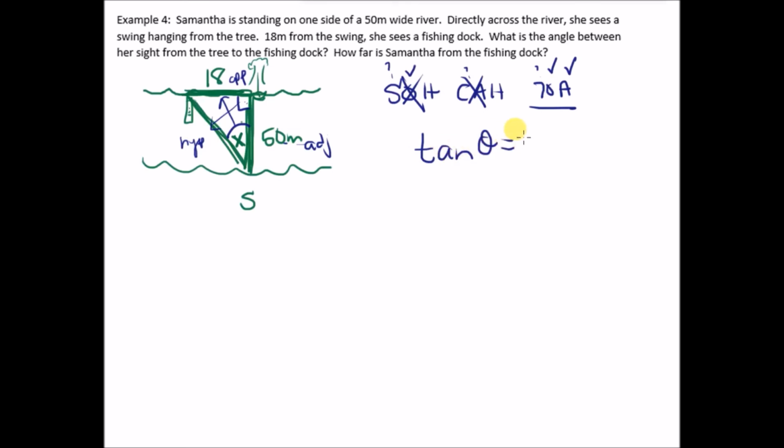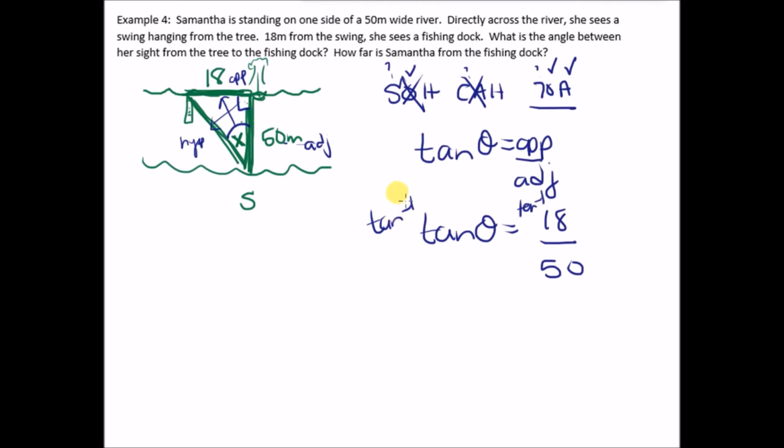We're going to use tan theta equals opposite over adjacent. We don't know theta, but we know the opposite is 18 and the adjacent is 50. In order to solve for that theta, we've seen this before. We're going to tan inverse both sides. Remember, we can't divide by tan. So tan inverse of 18 over 50, and if you plug this into your calculator, you get 19.8.